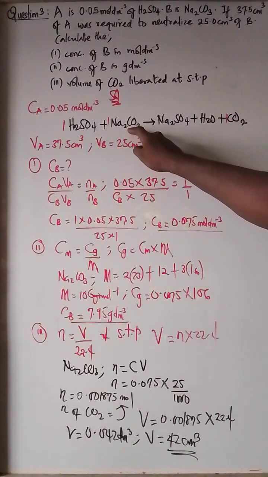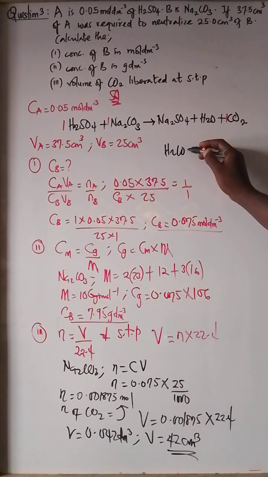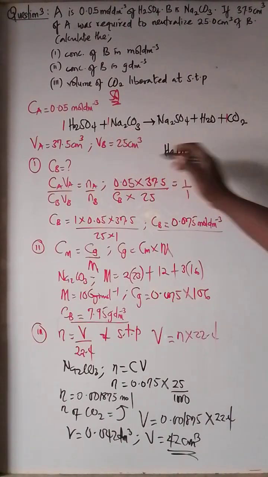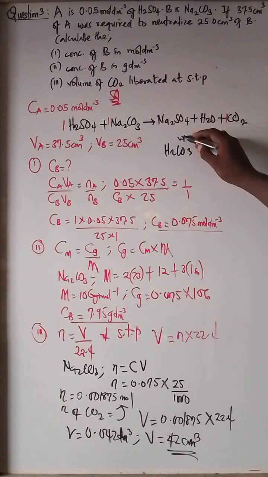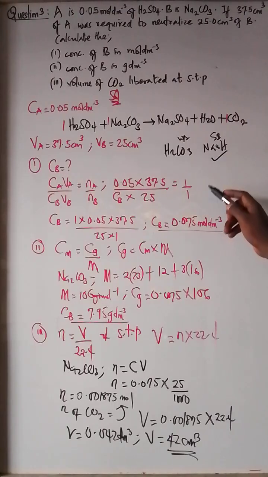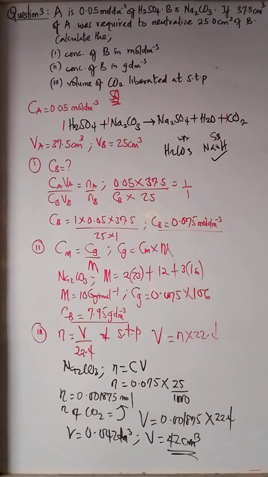This CO3 pairs with hydrogen, that will give us H2CO3. This Na pairs with OH, that will be NaOH. This is a strong base, this is a weak acid. So at the end of the day, we are going to get a basic salt, or a salt that will be alkaline in nature. That is why this salt is acting as a base in this case, because it has a pH greater than 7.